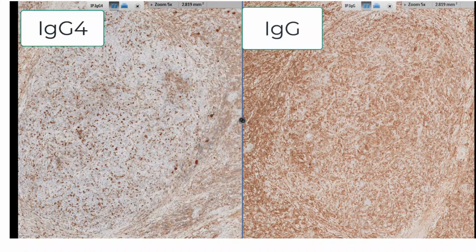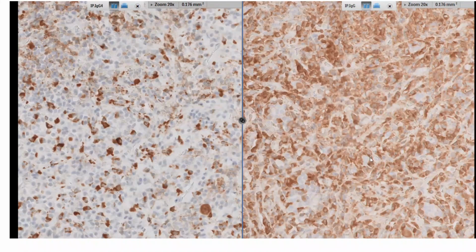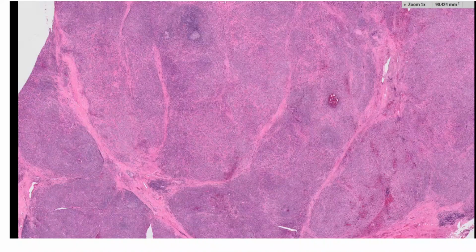Granted, there's a large number of IgG4 positive cells, but this ratio was under 30%. And that's an even higher power, showing that relatively low ratio. So all of that is pretty typical for a fibrosing variant of Hashimoto's thyroiditis. Dense inflammation, intricately woven fibrosis, elevated IgG4 cells, slightly elevated but not perfectly elevated IgG4 to IgG ratio.